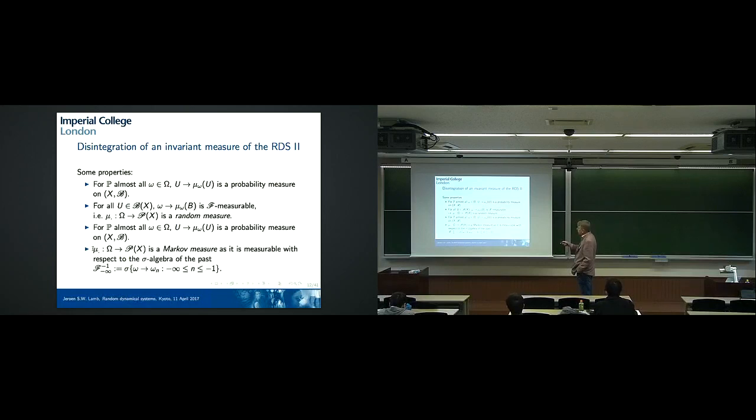It's the same statement here, and it's a Markov measure. For a Markov measure, as I said before, the map from omega to the probability measures is measurable with respect to the sigma algebra of the past. This always looks a bit cryptic. Look here, this is a sigma algebra generated by the sets omega n down to minus infinity. So it's the look back.